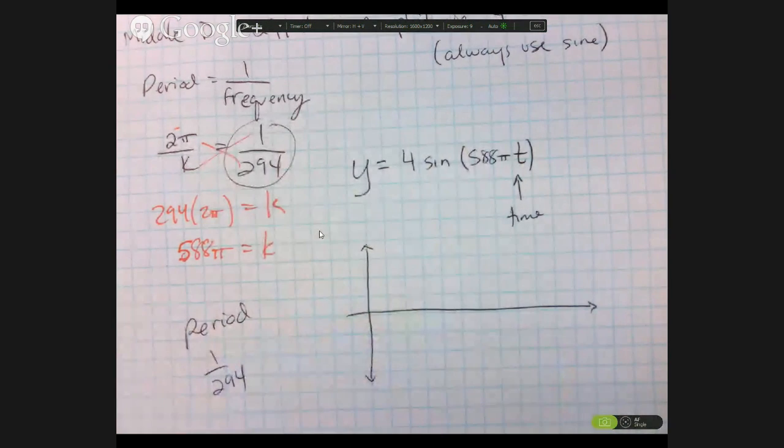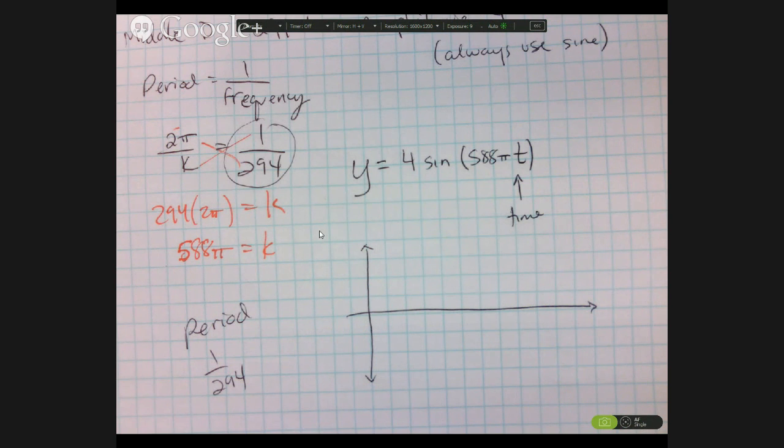Okay, if you're graphing these by hand, you have to zoom in really far, because the period of this function is 1 over 294. So we're doing 1 second, or 1 cycle of this function. Well, 294 of them pass per second.